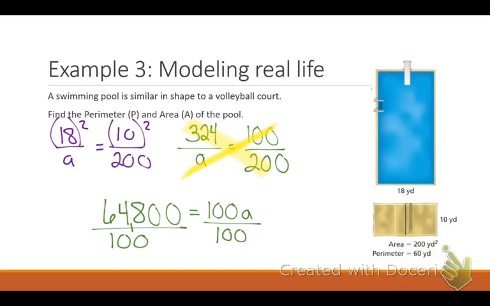Take away the zeros, okay? So this is a pair of zeros, they cancel. This is a pair of zeros, they cancel. So my answer is what's left because all I'm doing is dividing it by 1. So A equals 648 yards squared. Again, I figured out the area of the pool without taking a single measurement.